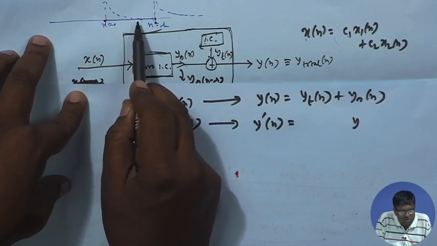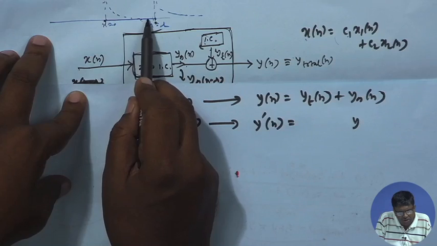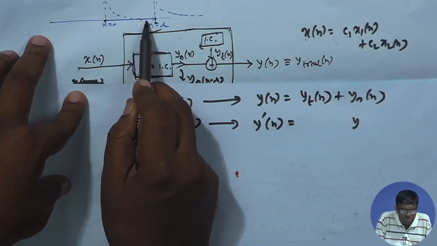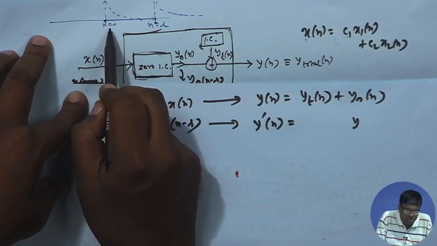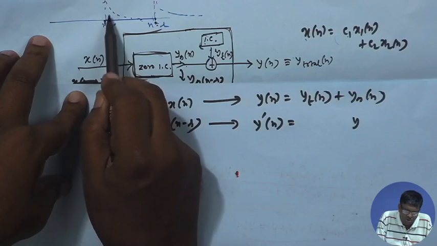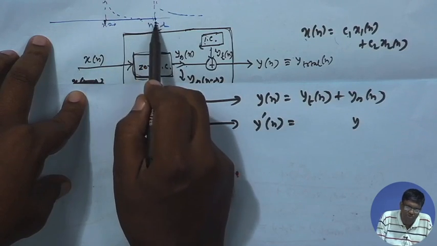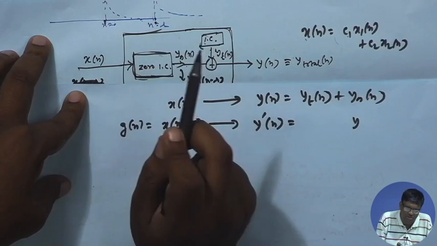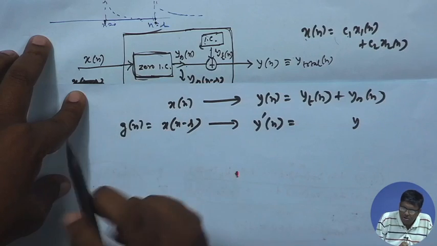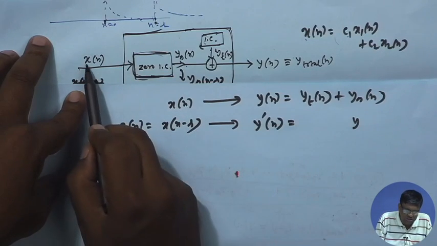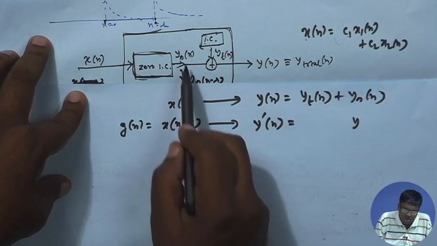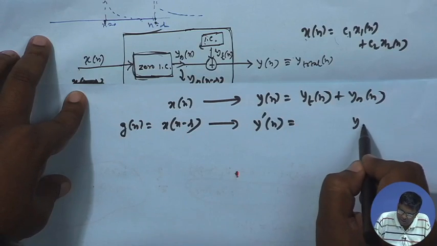So, the output initial condition will still be at 0, input also 0. So, whatever I observed by giving the input at n equal to 0, from n equal to 0 onwards, the same thing I will observe from n equal to r onwards now, if I give the same input. So, that is why this was shift invariant, which means if I delay this x[n] by r, the new yzs[n] will be delayed by the same amount.